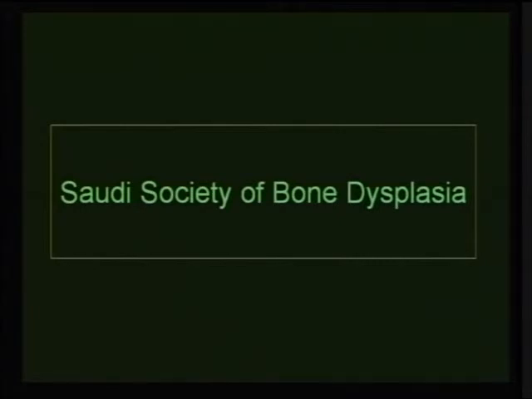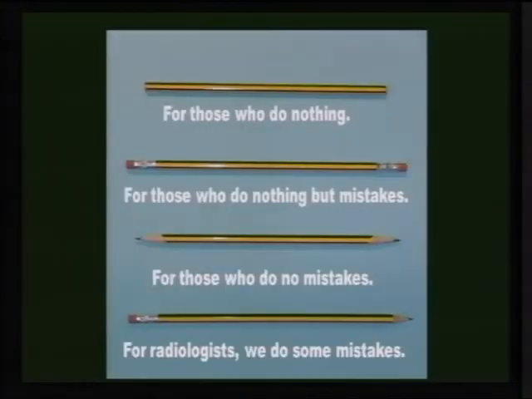Those specific diseases, we have no excuse, we really must find them, and for those where we cannot reach a final diagnosis, we need the help of a clinician and genetic counseling, and we need to help each other. We need a Saudi Society of Bone Dysplasia, so that we share our ideas, we meet together, we learn from each other. Thank you.